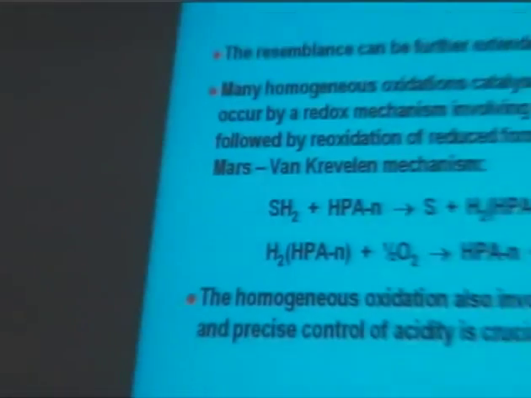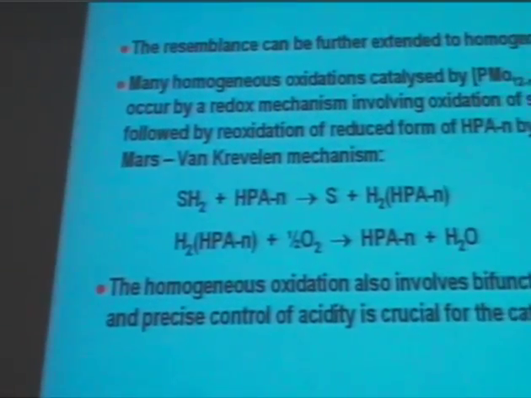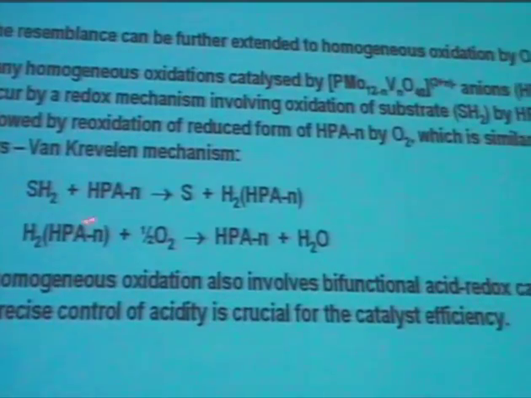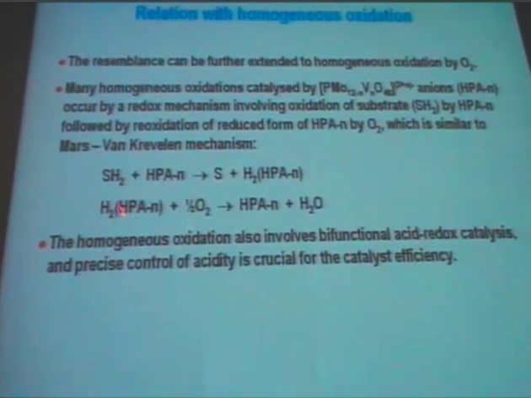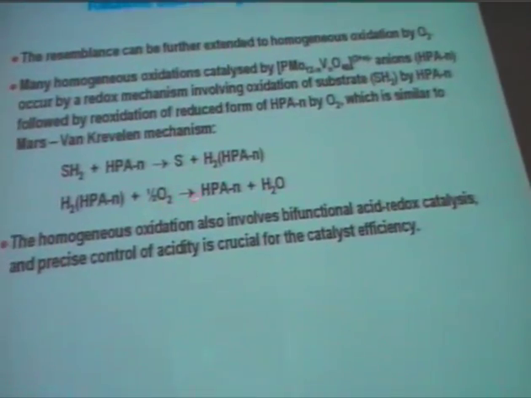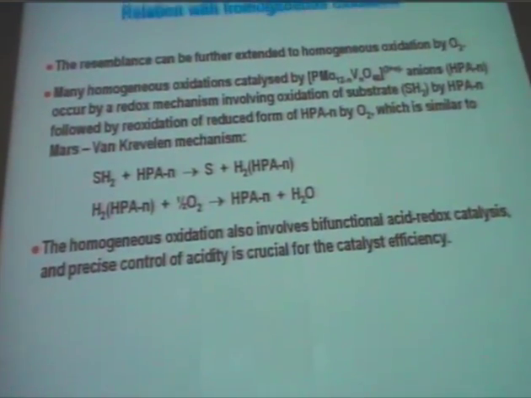Interestingly, the resemblance can be further extended to homogeneous oxidation by dioxygen. Many homogeneous oxidations catalyzed by molecular phosphomolybdic heteropoly compounds, HPA, occur by a redox mechanism involving oxidation of substrate by HPA, followed by reoxidation of the reduced form of HPA by oxygen, which is actually similar to the Mars-van Krevelen mechanism.